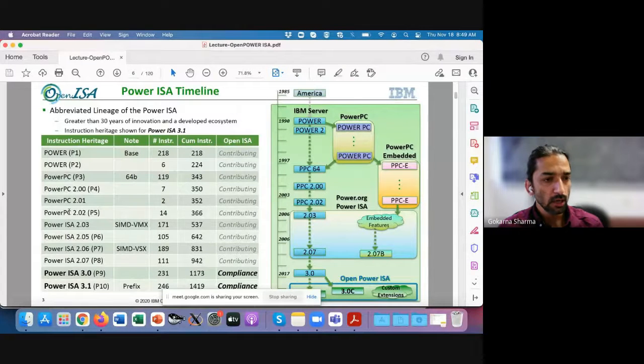This development has happened over 30 years. They are constantly improving their instruction set architecture and making it better. For example, what are the supports, what are the features that you add?